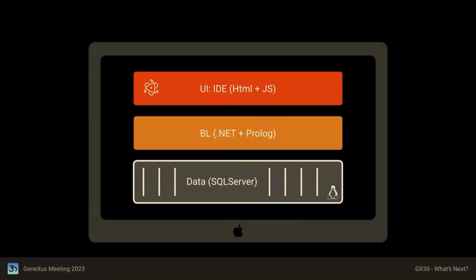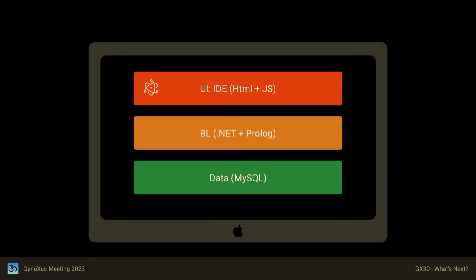And then the last thing left is that Mac doesn't allow you to execute SQL Server on the Mac. So we were thinking about changing the place where we save the KB to another server.